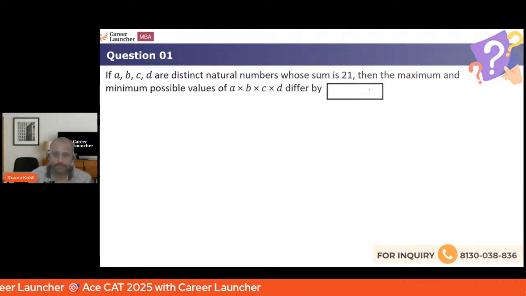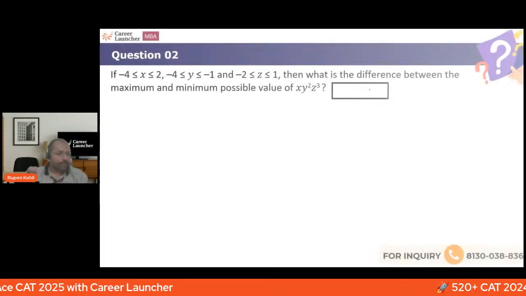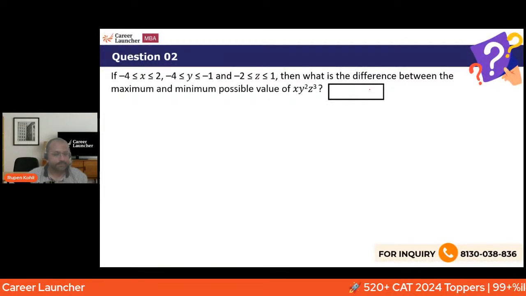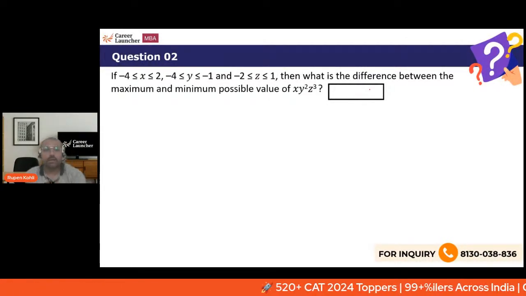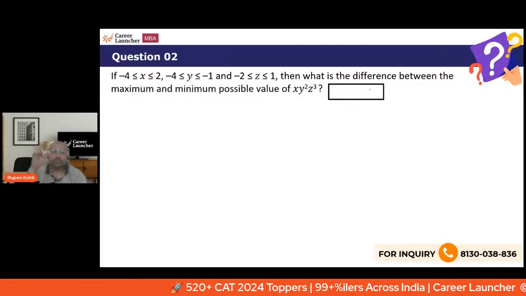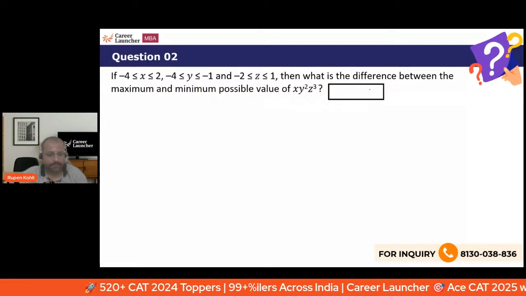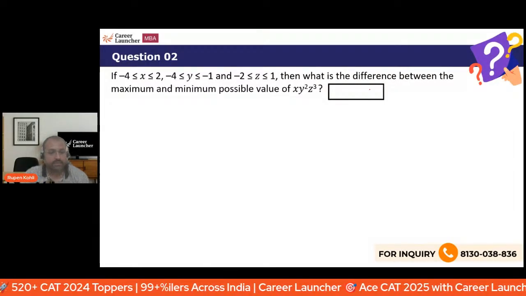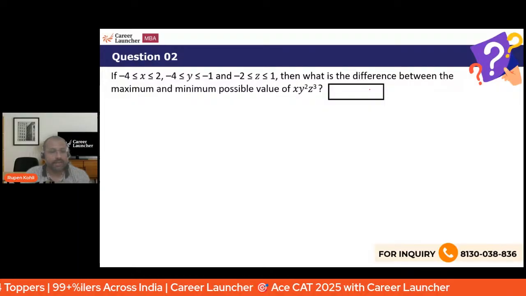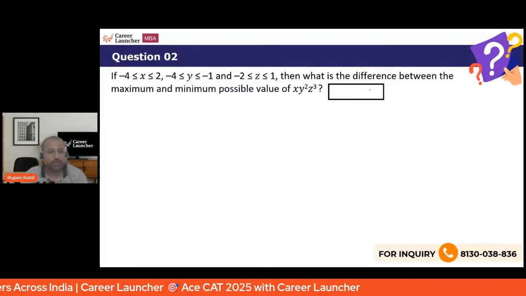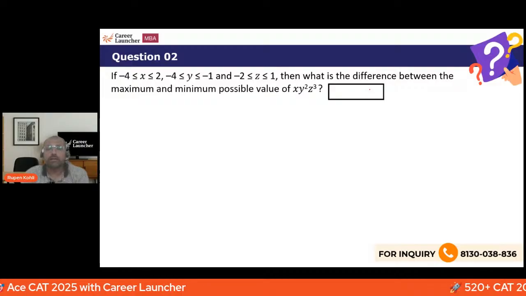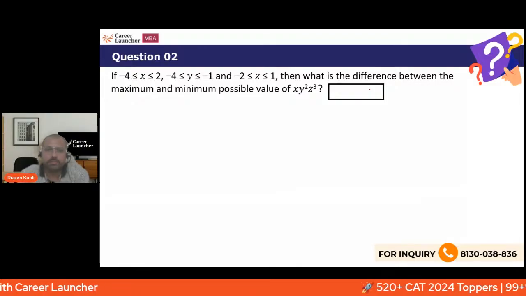All right. Now, let's see the next one. Okay, now this is another variety of problem in which a mathematical expression has to be maximized or minimized based on the given range of the variables, right?